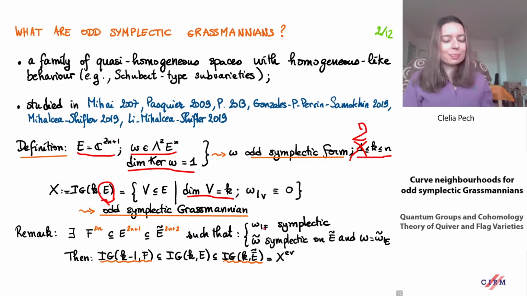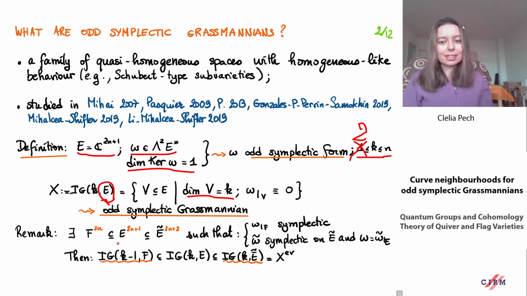Right. One thing already that I'd like to say about the structure of those spaces. So I said in the beginning that these are quasi-homogeneous spaces, so I'll clarify that later, with homogeneous-like behavior. And I'd like to give you some idea why we have this behavior similar to that of homogeneous spaces.